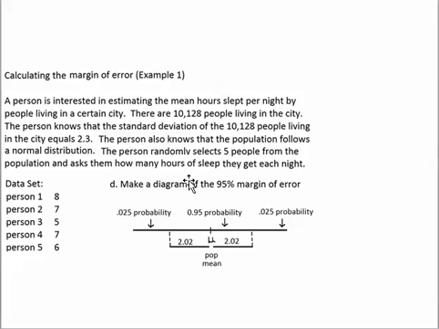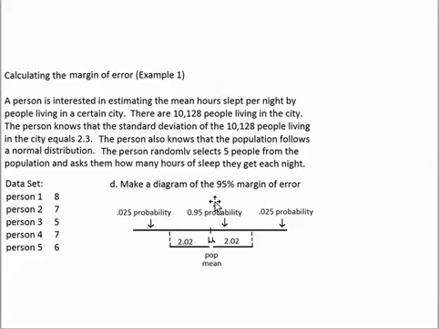And what this margin of error is telling us is that when we took our random sample of 5 people from the population, we had a 0.95 probability of getting a sample with a sample mean somewhere between this area. So remember that.